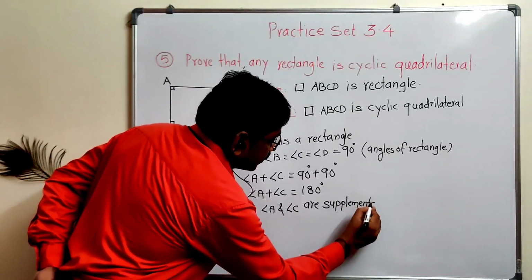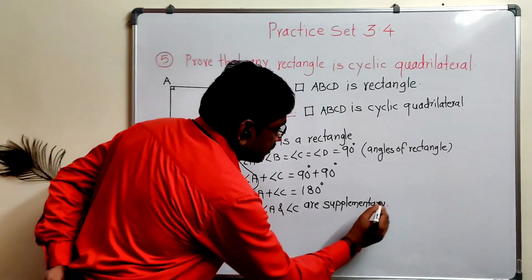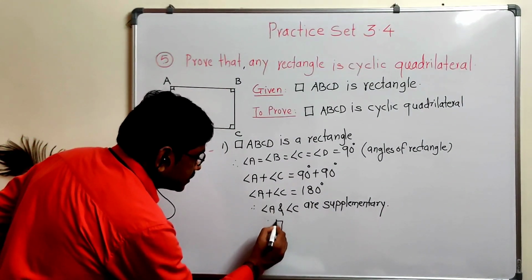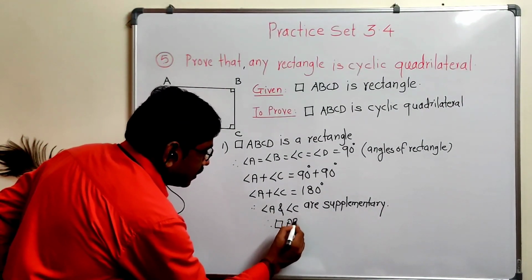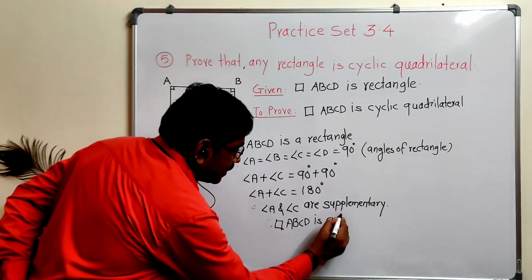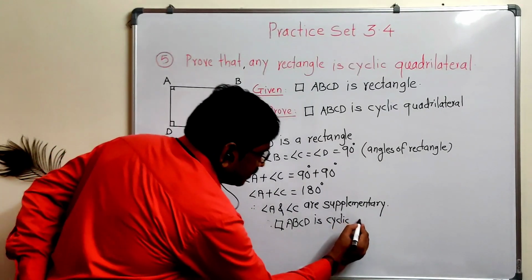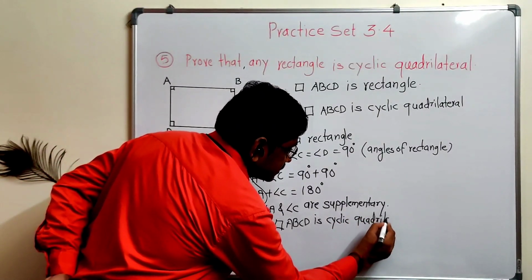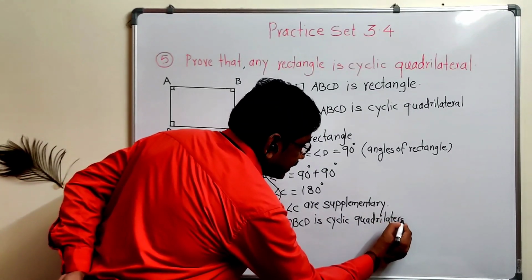Angle A and C, this one pair is supplementary, and therefore this quadrilateral ABCD is cyclic quadrilateral. That means one pair of opposite angles is supplementary.